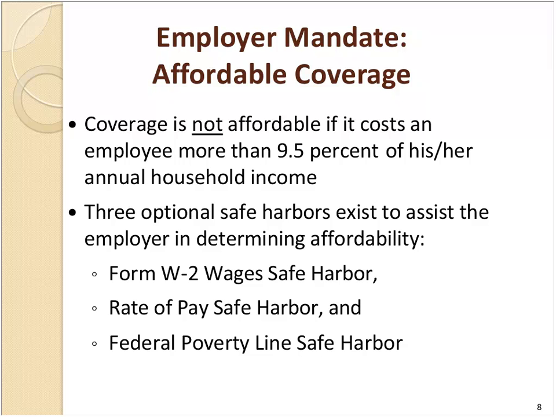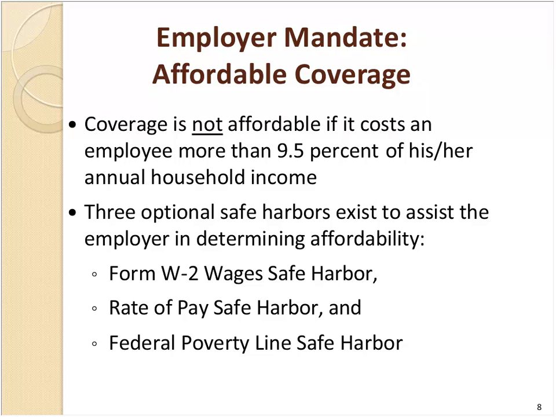Well, for the employer to be planning to offer coverage, the employer isn't going to know what the employee's household income is. So there has to be a way for the employer to make plans, short of requiring family tax returns of all the employees. That would be unworkable. So there are 3 safe harbors that the IRS has put into these regs to allow an employer certainty.